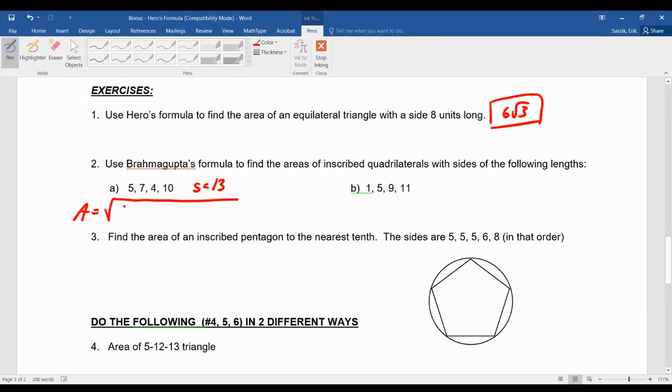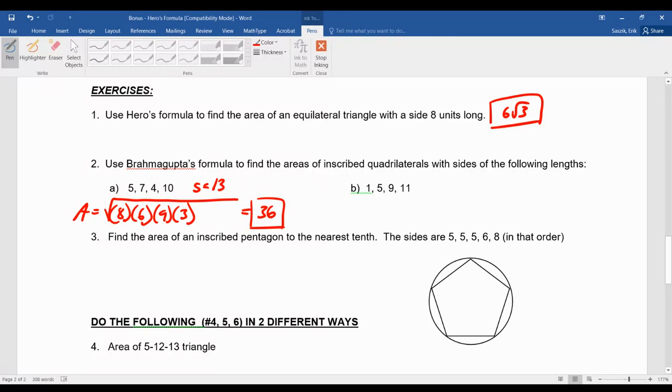So I do 13 minus 5, 13 minus 7, 13 minus 4, 13 minus 10. And you have kind of some big number here. But this does come out to be a perfect square, actually. You would get 36, okay?